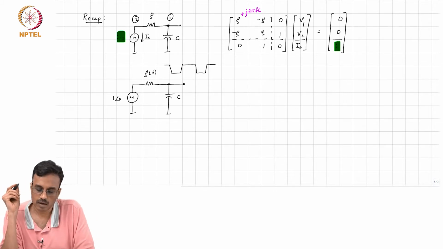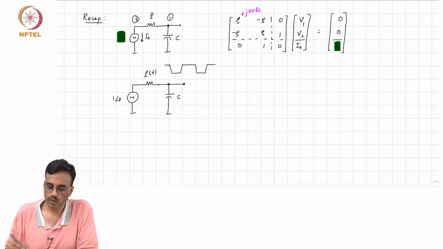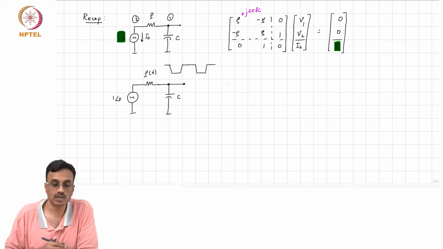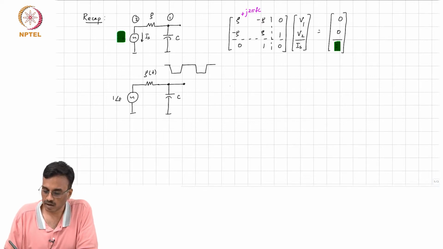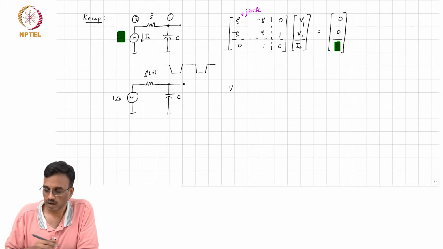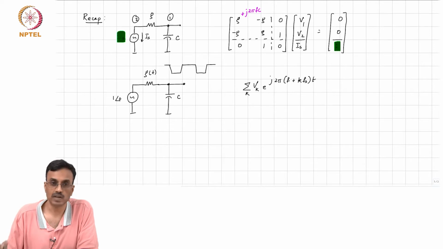If you look at this, one thing we know is that every node voltage and every branch current is now of the form sigma Vk e to the j 2 pi (f plus k fs) times t.